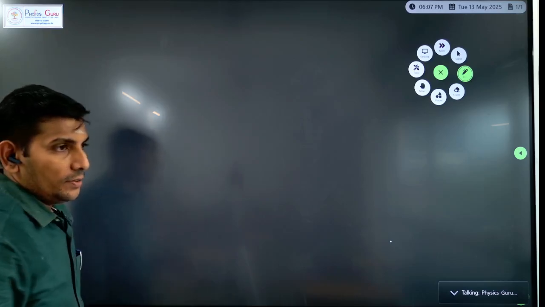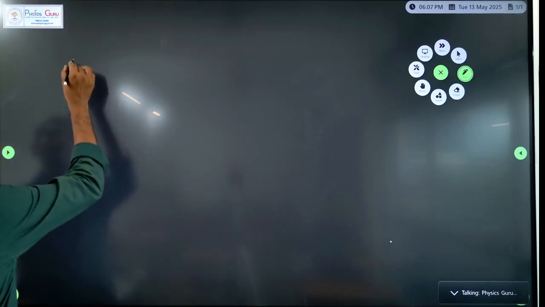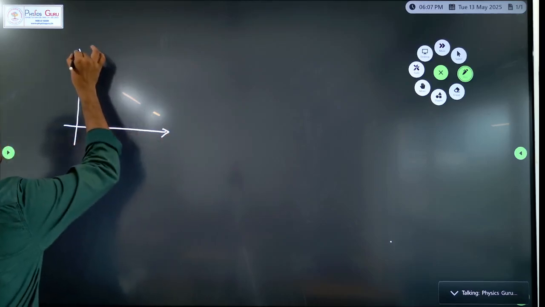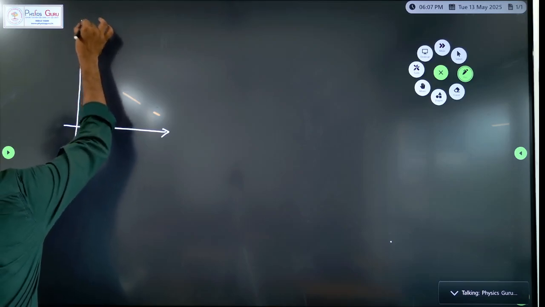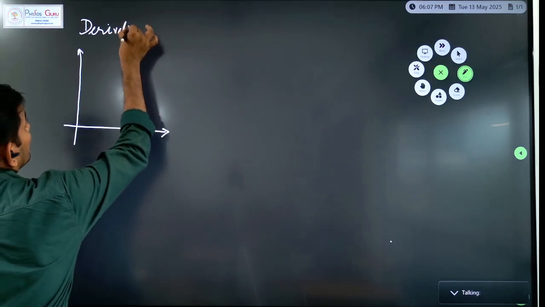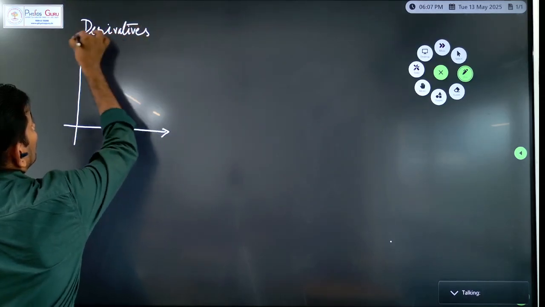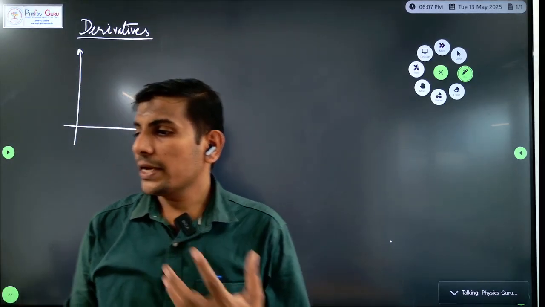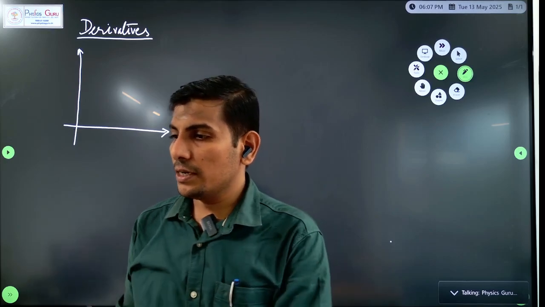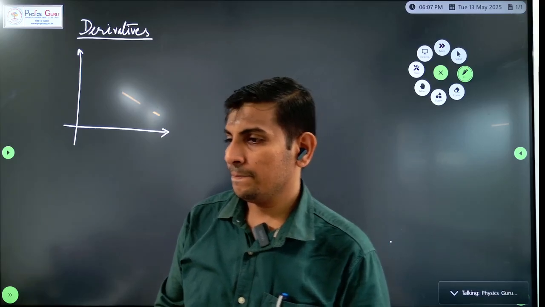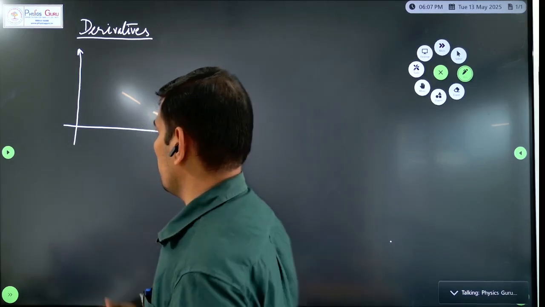So in derivatives, we learned that there is a function which changes continuously. So those are derivatives. In the derivatives, we learn first order derivative, second order derivative, third order derivative, and so forth. Am I right?